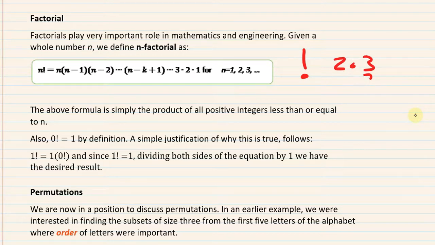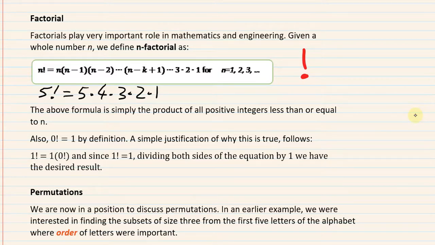Now, this is a particular kind of factorization, or multiplication really, in that you look at all the numbers beginning with this whole number. So, for example, when we say 5 factorial, you begin with 5, and then you multiply by every whole number down to 1.